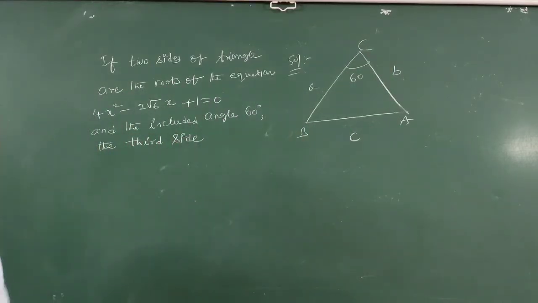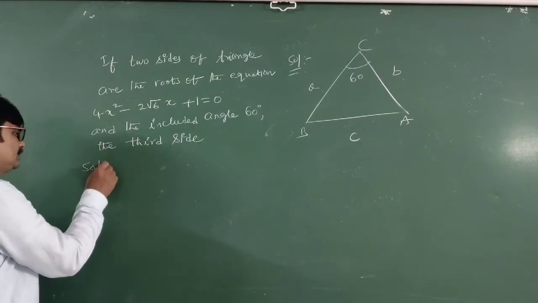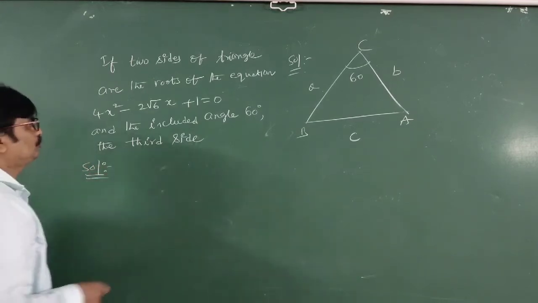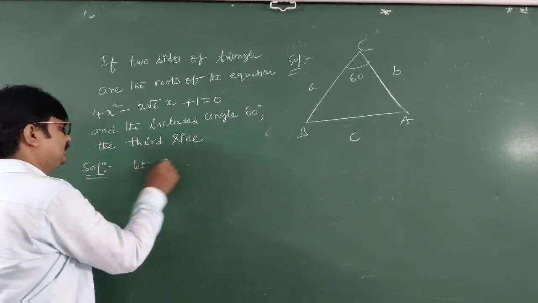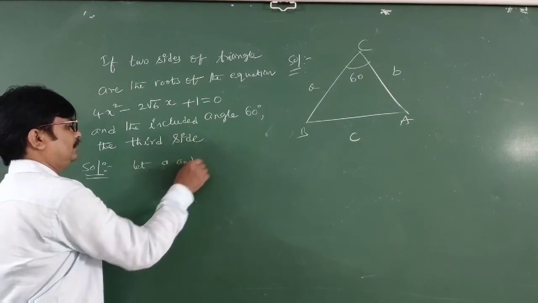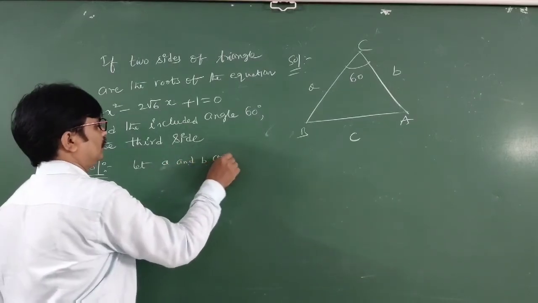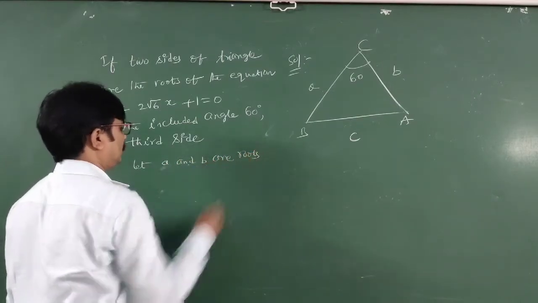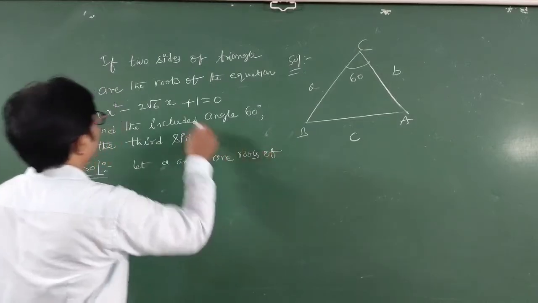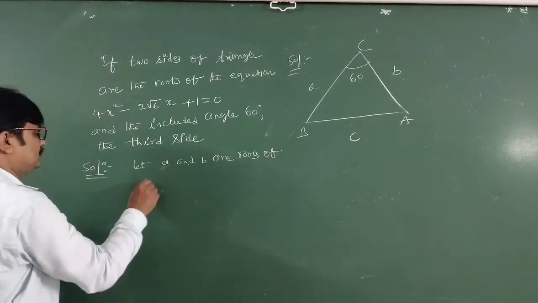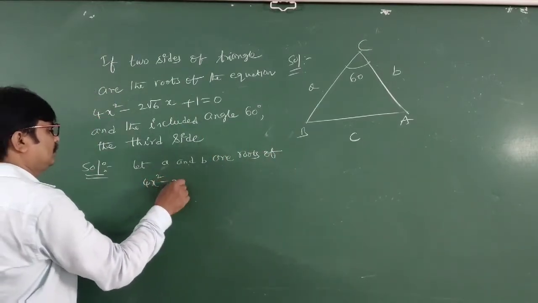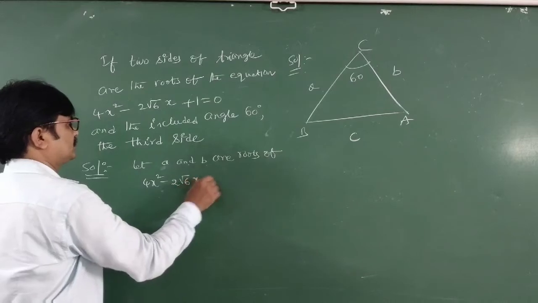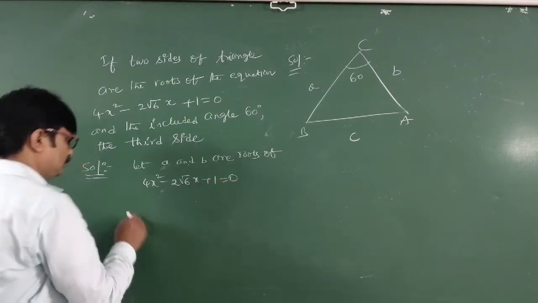Now the given equation is, let a and b be the roots of the equation 4x square minus 2 root 6 x plus 1 equal to 0.